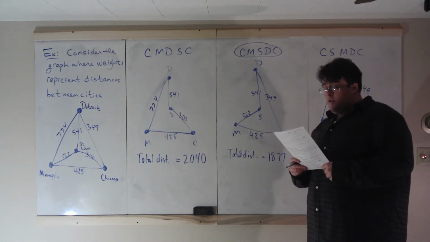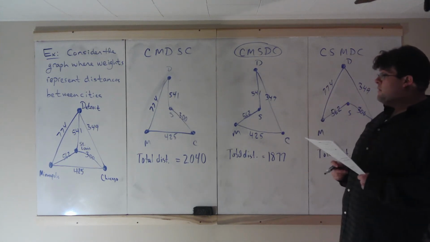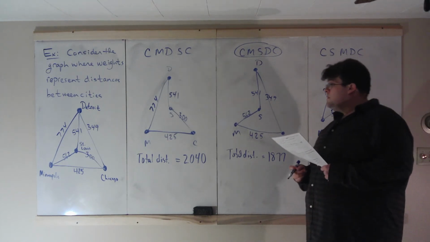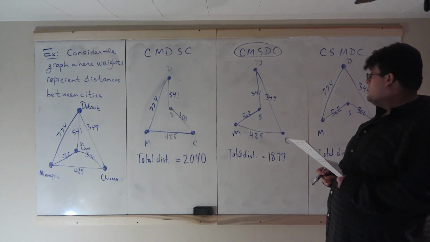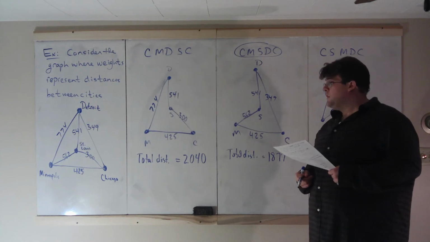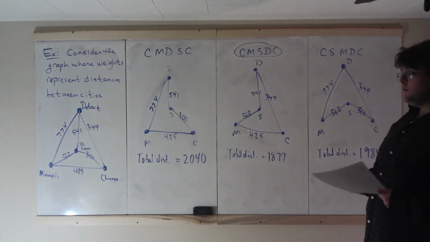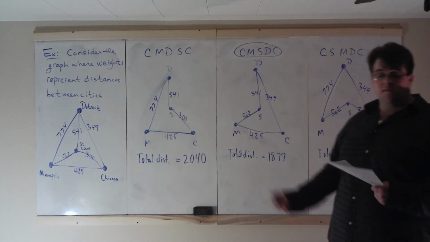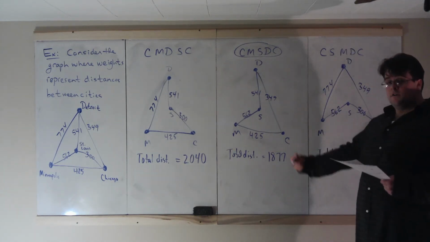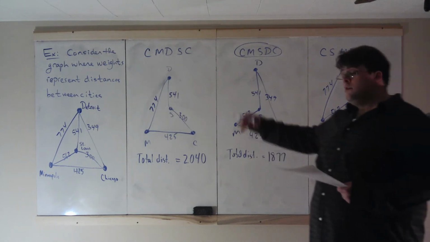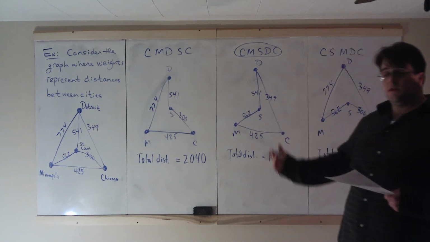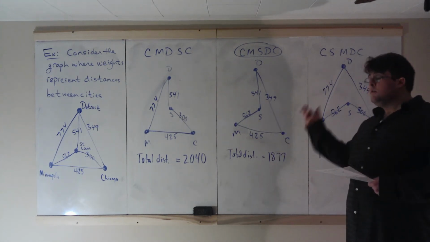If you had a graph on 5 vertices instead, there would be 12 to consider. If you had a graph on 6 vertices, there would be 60 you'd have to consider. If you had a graph on 7 vertices, you'd have to consider 360 different Hamiltonian circuits.